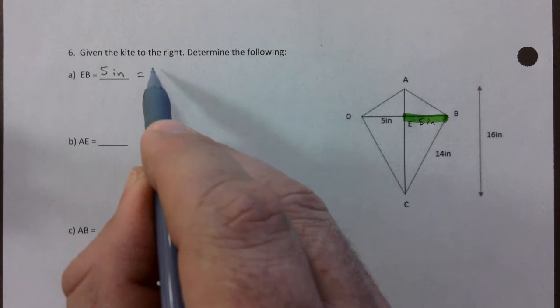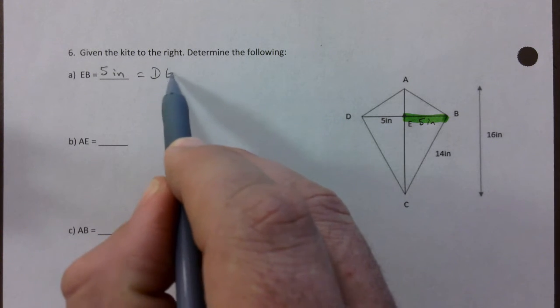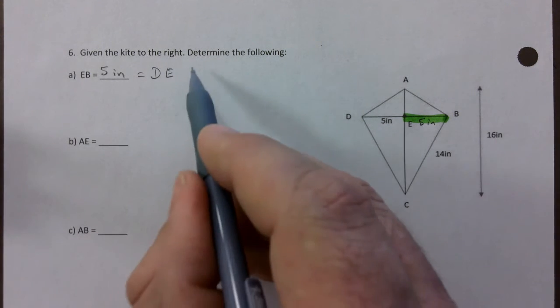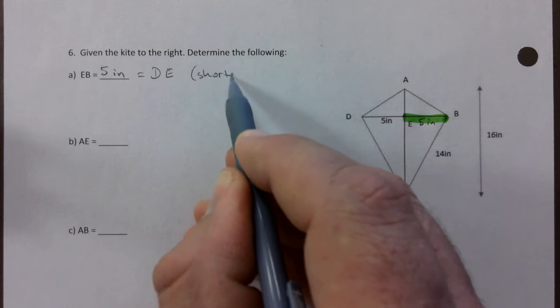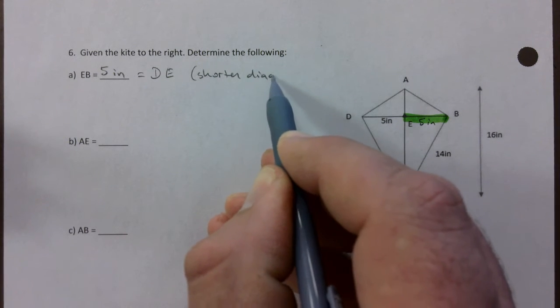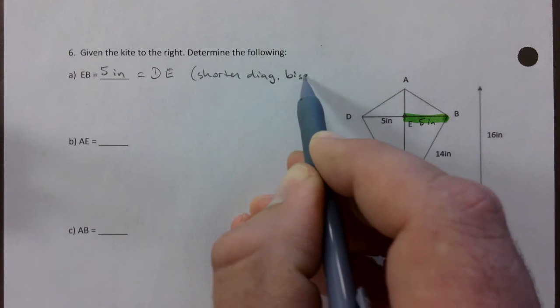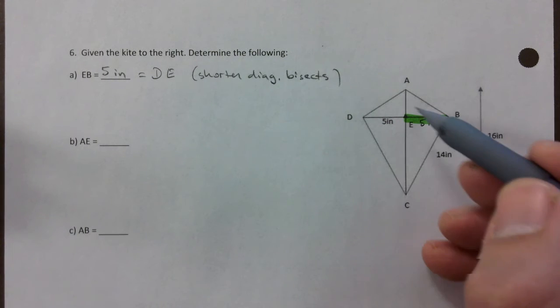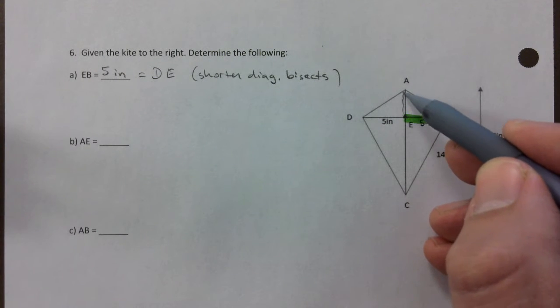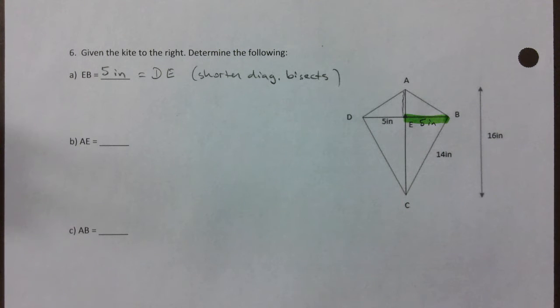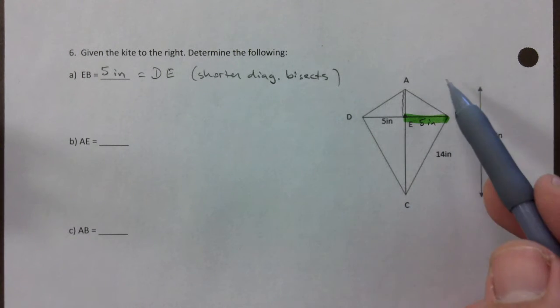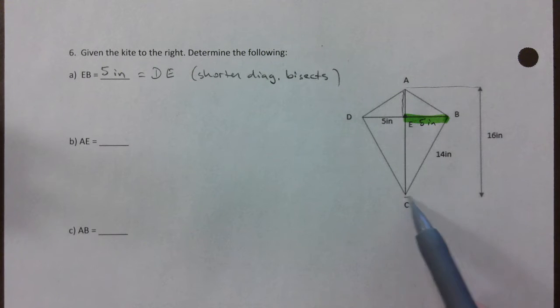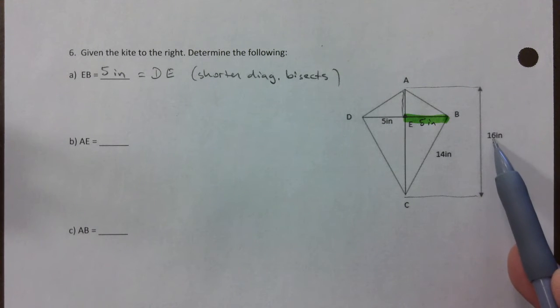This is equal to DE, if you want to put it that way. Shorter diagonal bisects. We got that. And now they're asking for AE. They're asking for this, and that one is trickier. They tell you from top to bottom is 16.